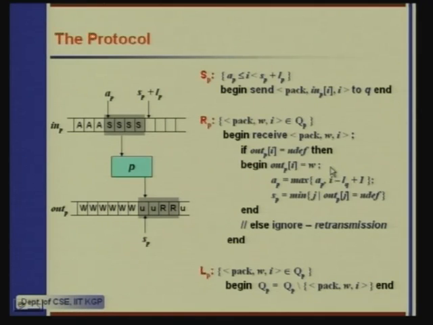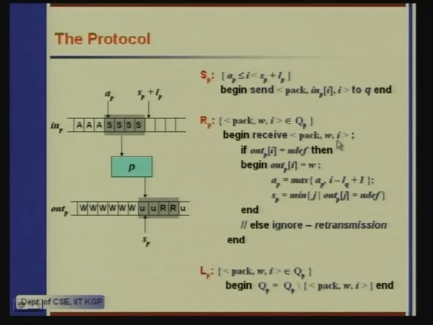If it is being received for the first time, we will first receive it. So, we will write out Pi is equal to W, then we will do the following thing. Note this thing very carefully. We will update AP to the max of the present value of AP and I minus LQ plus 1. Why?